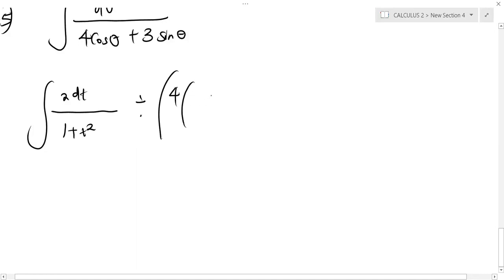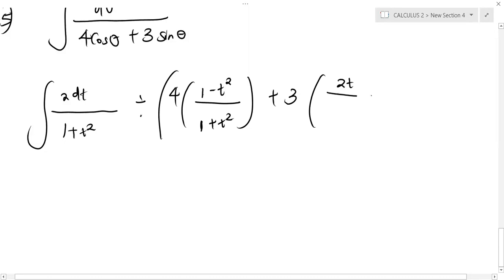The substitution for cos theta is 1 minus t squared, all over 1 plus t squared, plus 3 into sine theta. The substitution for sine theta is 2t over 1 plus t squared. Okay, let's simplify.